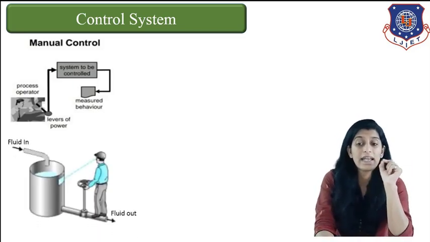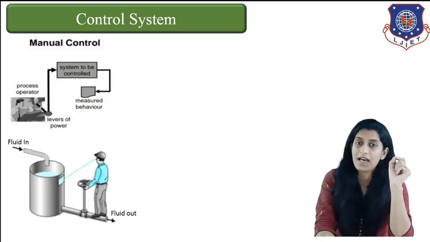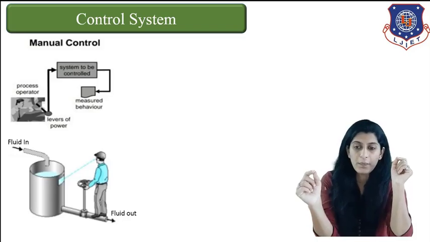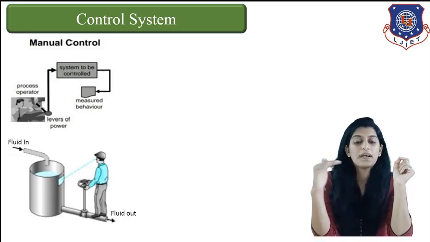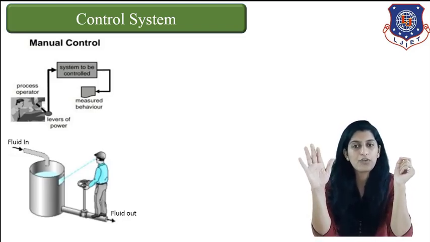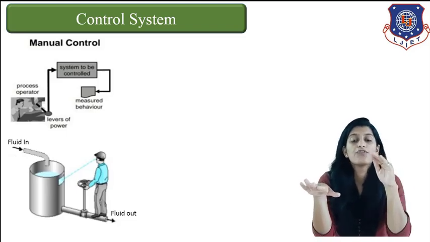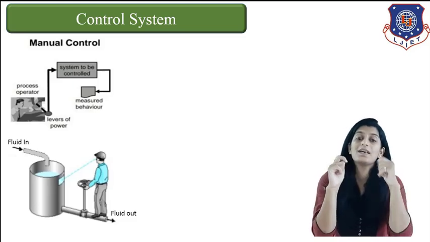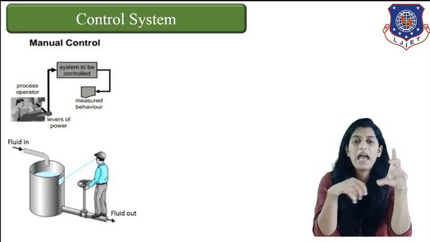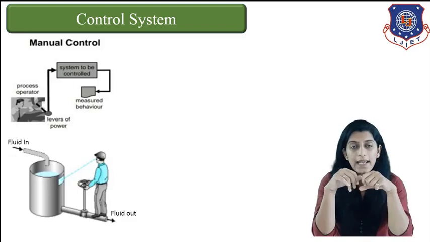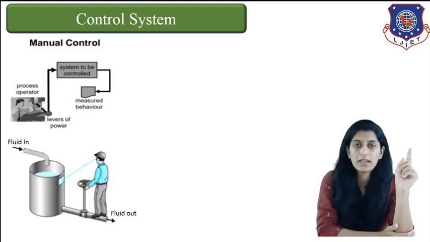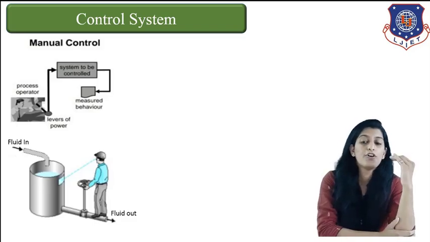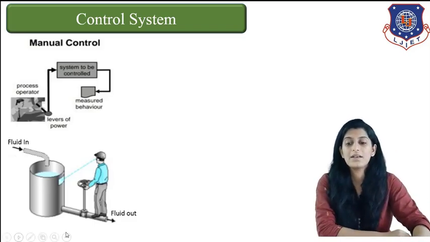This is another example of manual operation. As you can see, there is a tank filled with liquid, and fluid is coming inside the tank from one point, and from another point the operator is trying to control the level of fluid inside the tank. He will see the level in the tank from the given slit.